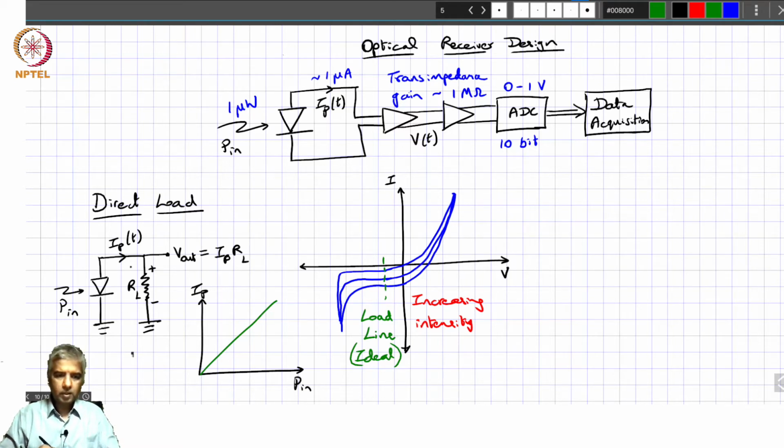Now, as we talked about, because of the photocurrent that's going through this resistor, you have a potential difference here, and that potential is acting against the potential that the diode is experiencing, which could be a reverse potential. So effectively the load line now is not the same as what we have over here.